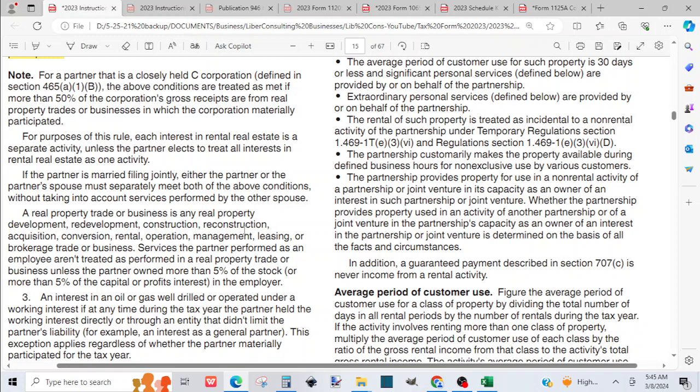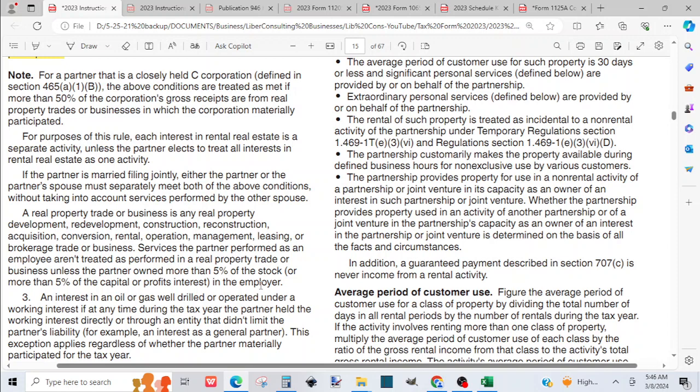So services the partner performs as an employee aren't treated as performed in a real property trade or business unless the partner owns more than 5% of the stock or more than 5% of the capital or profit interest in the employer.